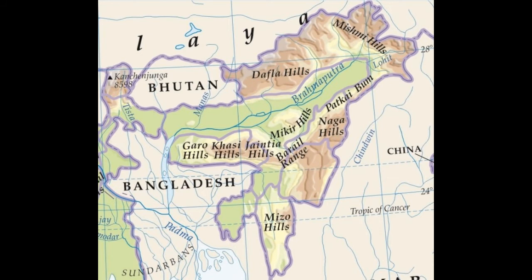And this range forms the boundary between India and its neighboring countries. These divisions are known as Purvanchal and they are composed of sedimentary sandstones. Regionally, Purvanchal are known as Patkai Hills, the Naga Hills, Manipuri Hills, Khasi and Mizo Hills.